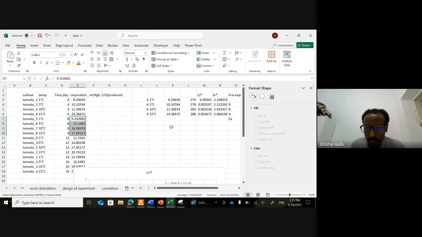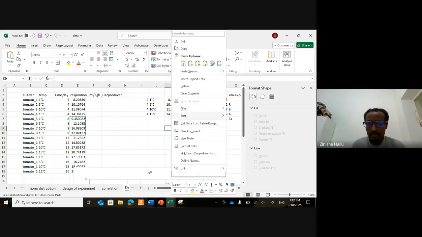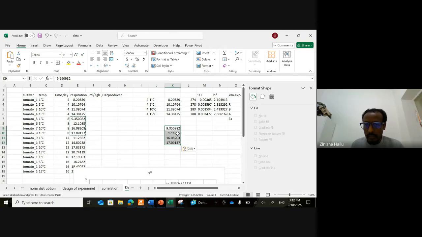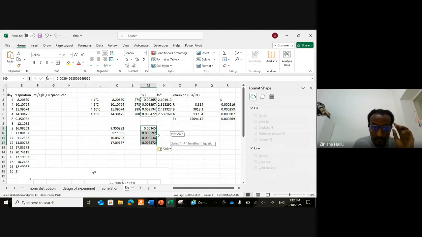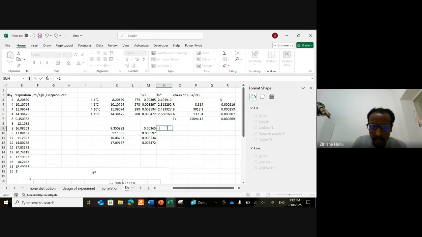Okay, we can put here, and then we can change. I think these are the same. We can copy and we can paste. And here we convert this line.